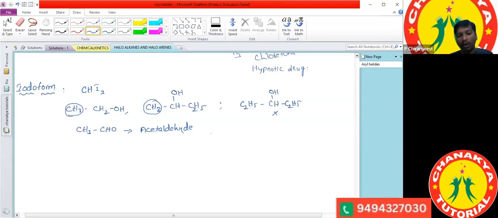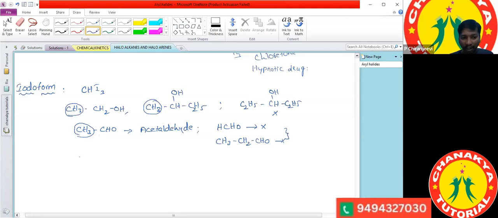Only acetaldehyde gives a positive iodoform test, because it has a methyl group attached to the functional group.